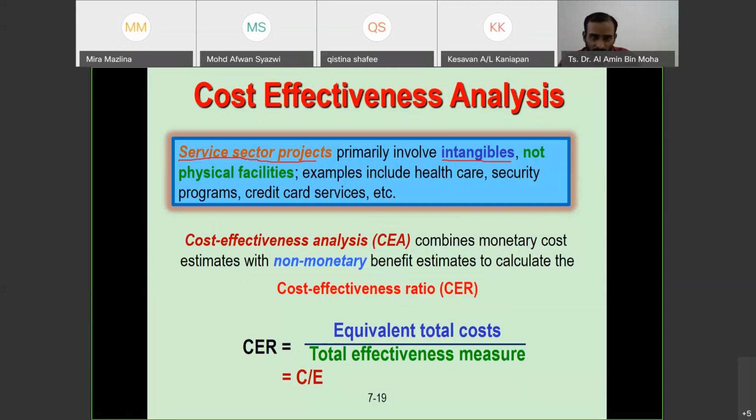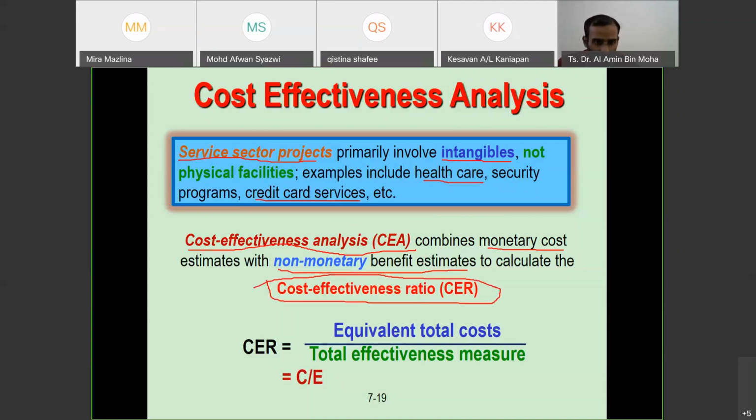But service sector projects are sometimes systems, intangibles. They are not physical facilities, like healthcare, security programs, credit card services, and so on. So how can we check whether the performance is efficient or not? So we are going to use cost-effective analysis, CEA, which combines monetary cost estimates with non-monetary benefit estimates to calculate the cost-effectiveness ratio, CER.